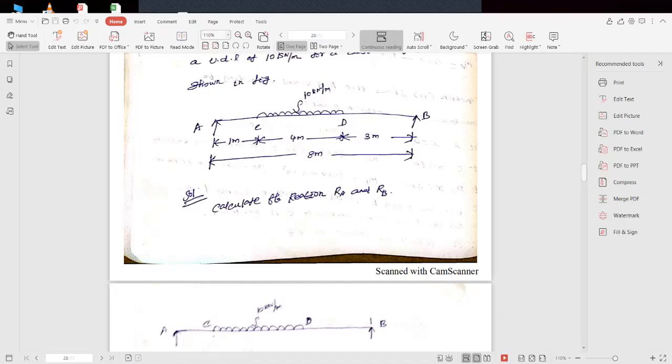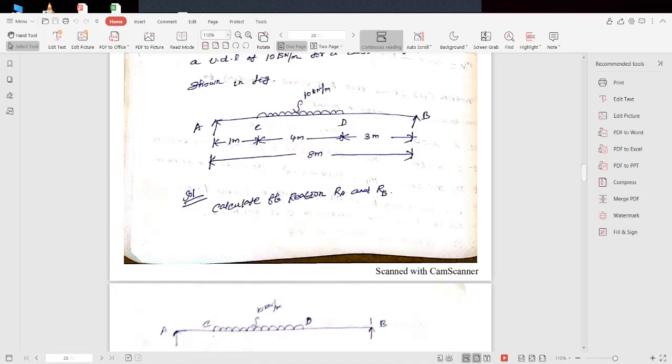So the center means 2 meter. So at a distance of 2 meter, this load will act as a point load. So how to convert it to a point load? This 10 into this UDL length 4, that is 40 kilonewton, is acting at a distance of 2 meter from C, at a distance of 3 meter from A.